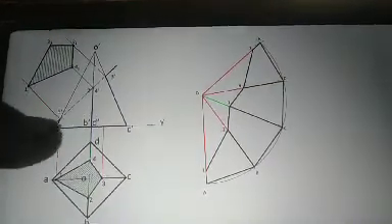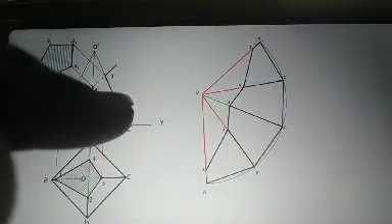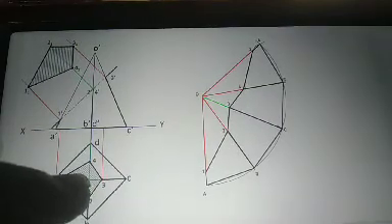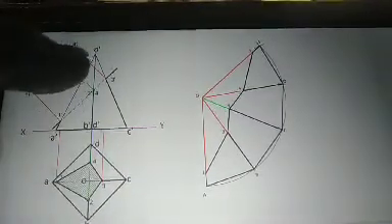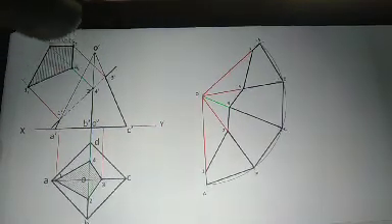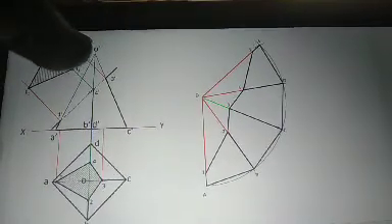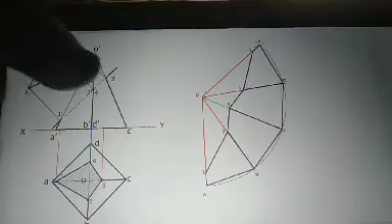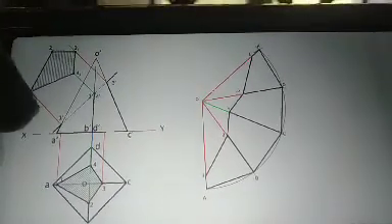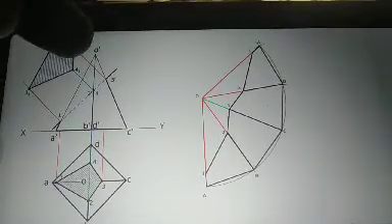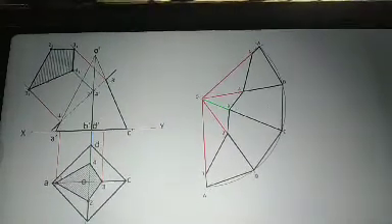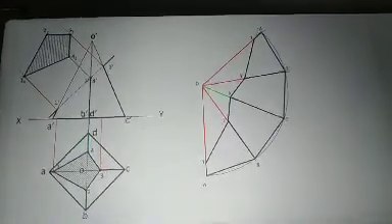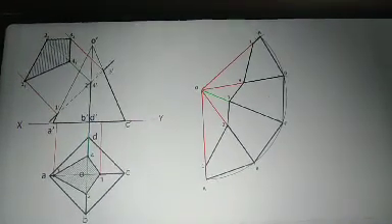All the points A, B, C, D are on the XY axis. Now, for the projection of the axis, that is O dash, take a point at a distance of the axis height, which is 65 mm, and connect all these points: A dash to O dash, C dash to O dash, B dash and D dash to O dash. This is the front view of the square pyramid.